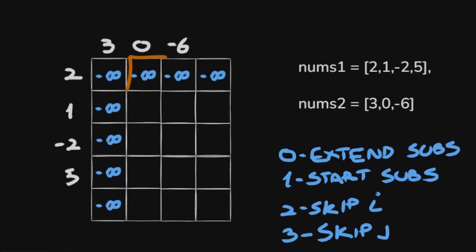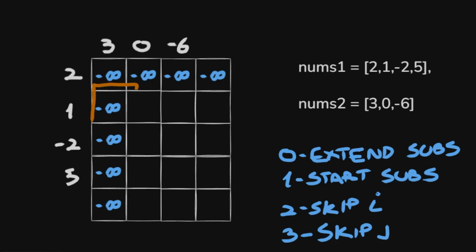For example, here we are picking 0 numbers from nums1 and 1 number from nums2. So the maximum result at this point is still minus infinity. So now you can see why here we have minus infinity in every cell and here we have the same.